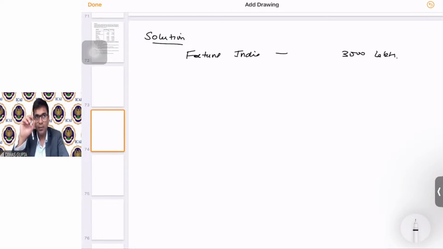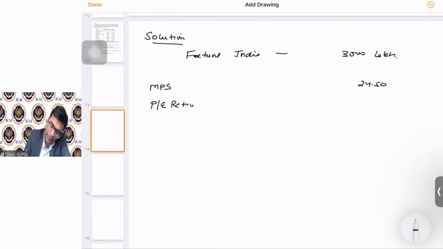Because the fact pattern of the question is more on the earnings side. We have been given for the next year what our earnings are going to be, and what the price is. So can we use that information? Let's say market price is 24.50, that is given to us. The PE ratio is also given to us, which is 25. So if PE ratio and MPS are given, can we calculate the EPS? Yes, earnings per share can be calculated.